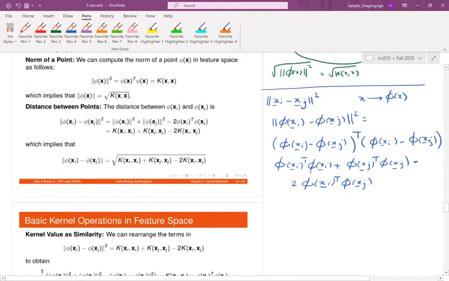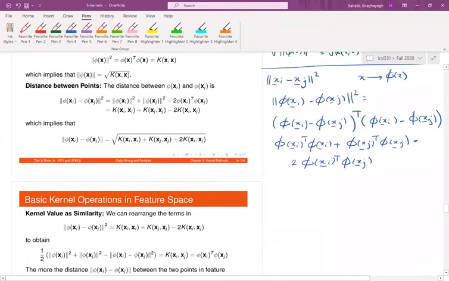Okay, all right. We know that phi of xi transpose phi of xj is actually the kernel between xi and xj. The first one, phi of xi transpose phi of xi, is the kernel between xi and xi, plus the second term, phi of xj transpose phi of xj, which is the kernel between xj and xj.